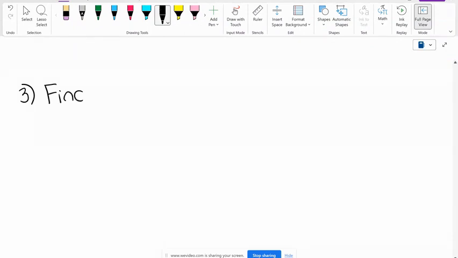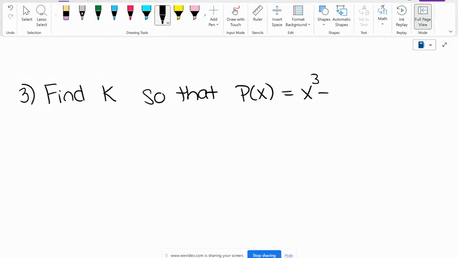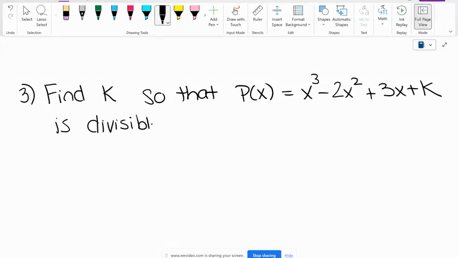So I want us to find k so that p of x equals x to the third minus 2x squared plus 3x plus k is divisible by the quantity of x minus 2.